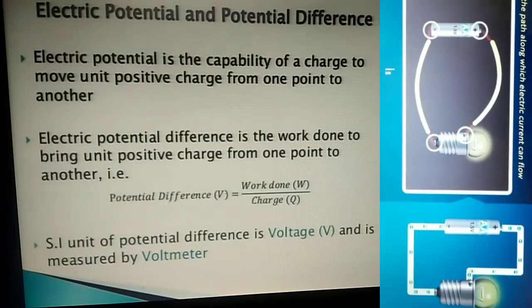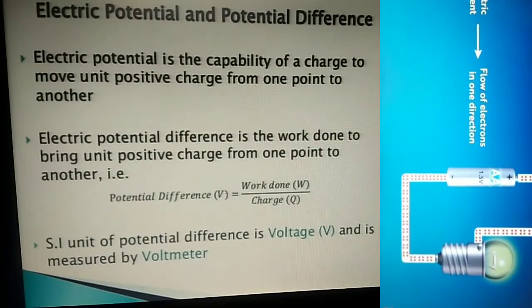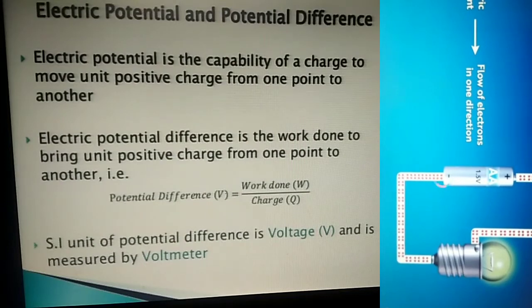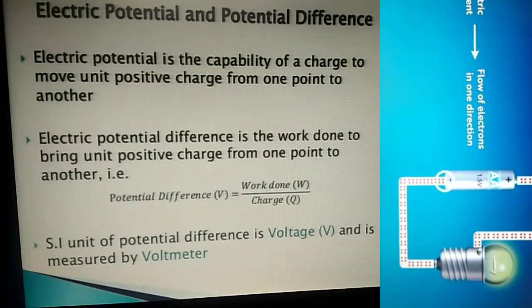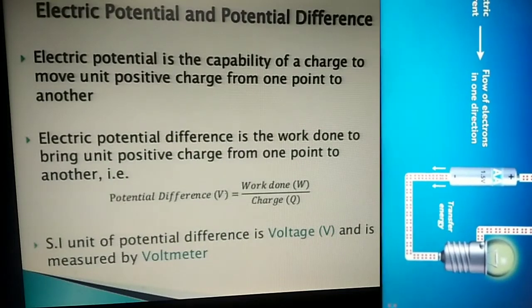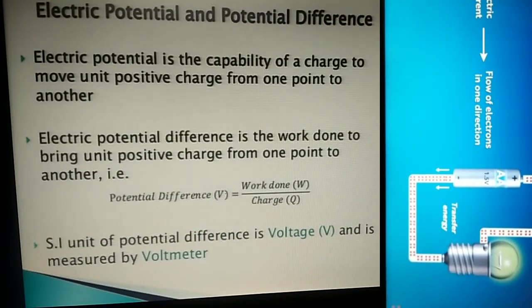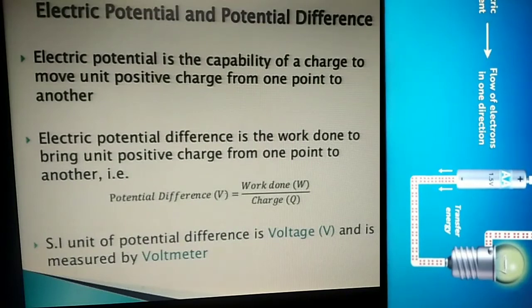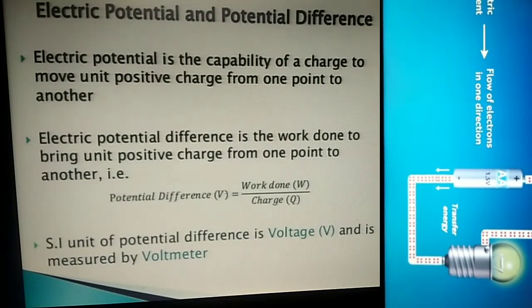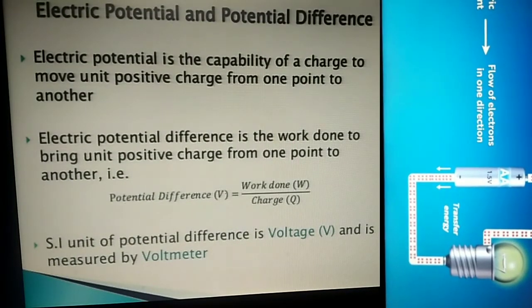That is, potential difference V is equal to work done by charge, mathematically. So since V is potential difference, W is work done, and Q is charge, V is equal to W by Q. The SI unit of potential difference is volt and is measured by voltmeter.